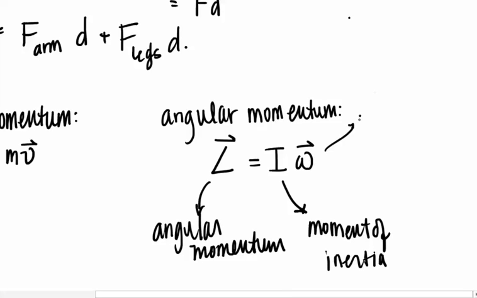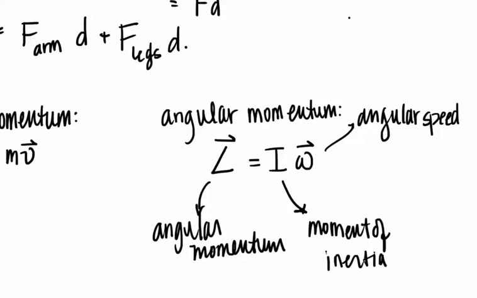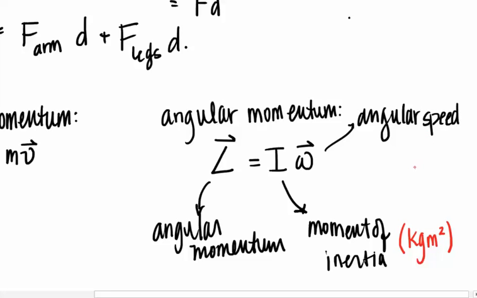And this is our angular speed. So angular momentum would be the product of the moment of inertia and the angular speed. What's the unit for moment of inertia? Do you remember? Kilogram meter squared. And what about the unit for angular speed?